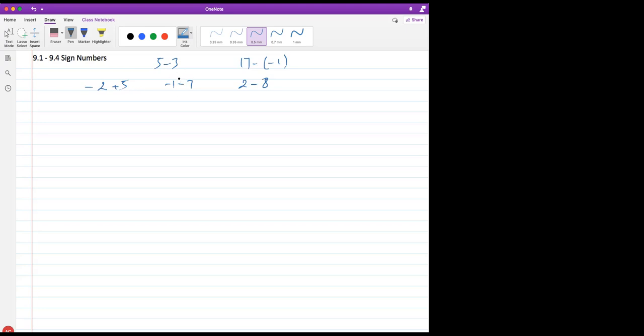Then we're going to see how to do the order of operations with multiples of these. We're going to throw in some multiplications as well, also some division. I'm going to combine all in one operation.